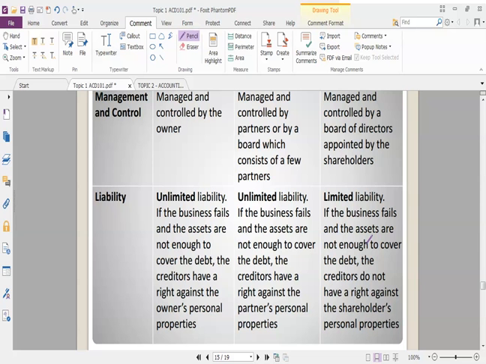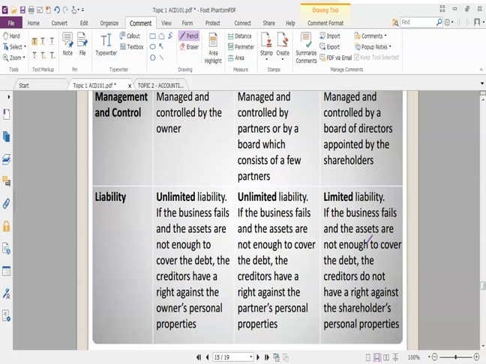What if the company's assets are not enough? The creditor will just claim the available assets only.